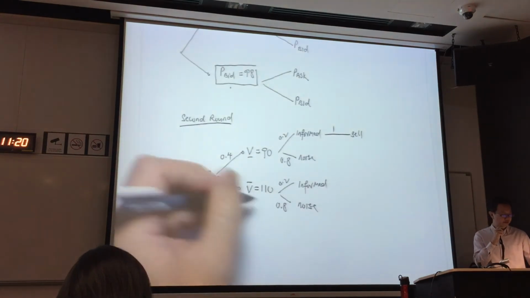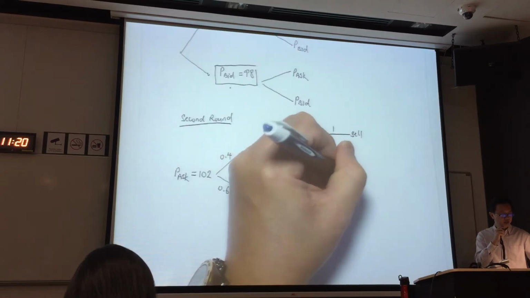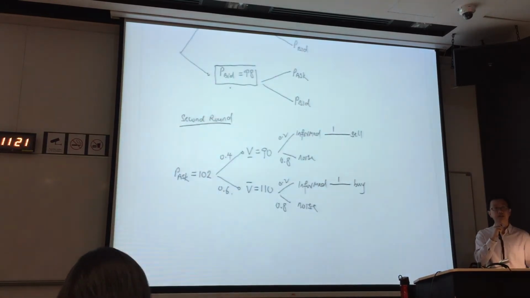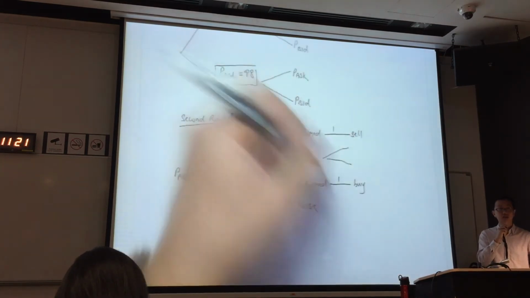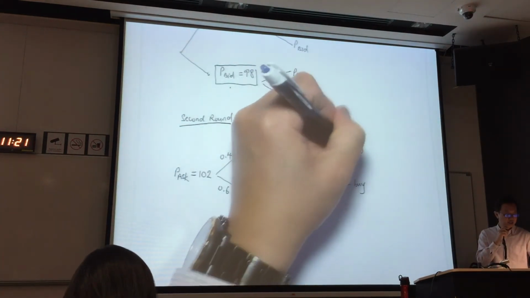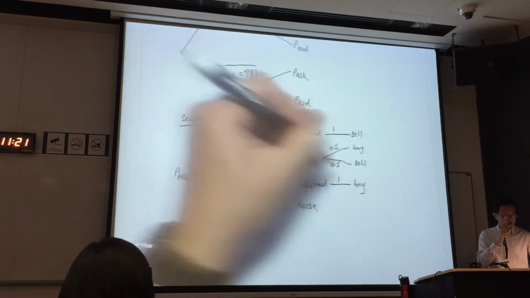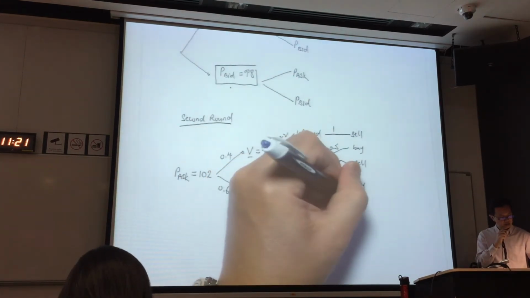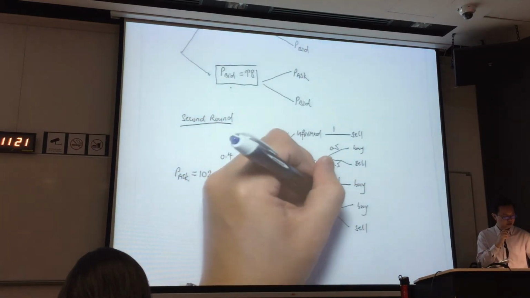Informed trader, if this value is 110, guaranteed they will only buy, 100%. But for the noise trader, has it changed? No change, right? Buy and sell, 50% each. So this is buy and sell, 50% each.